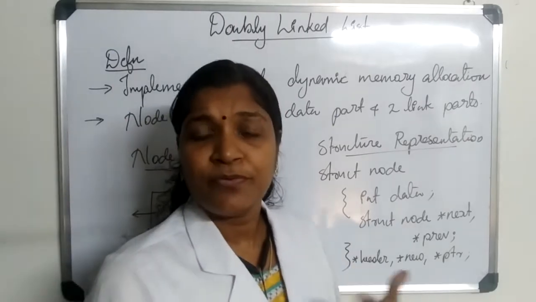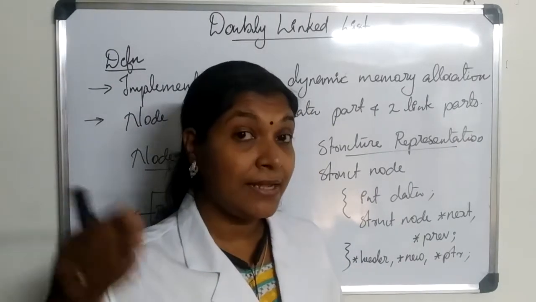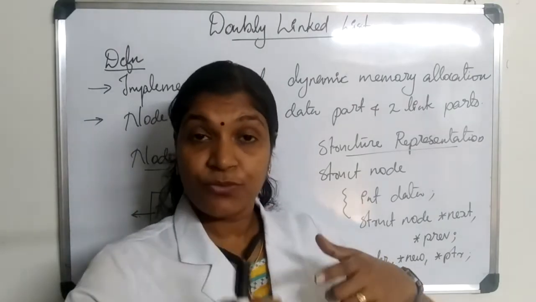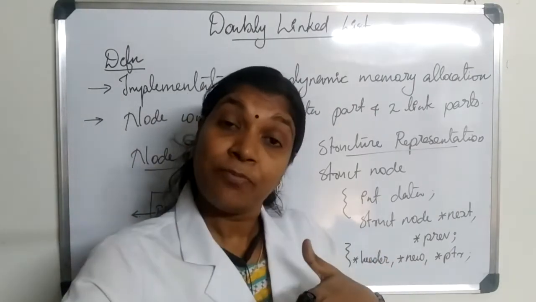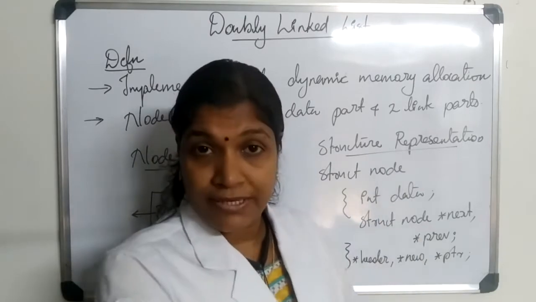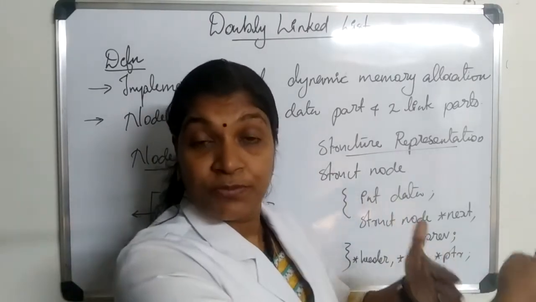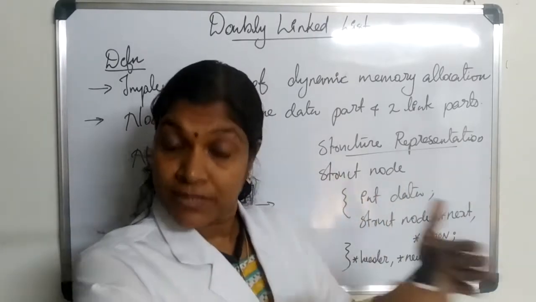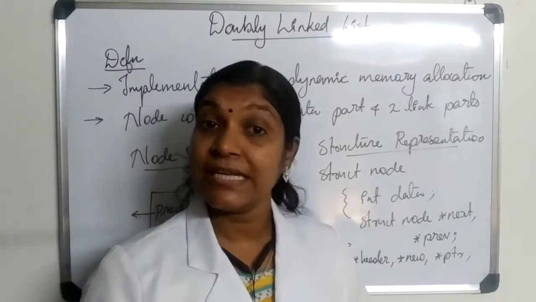So in order to perform the insert at any location or deletion of the last node, etc., we need to make another pointer to follow the first pointer, because we don't have the option to go back, or from right to left. There is no provision for that in single linked list.